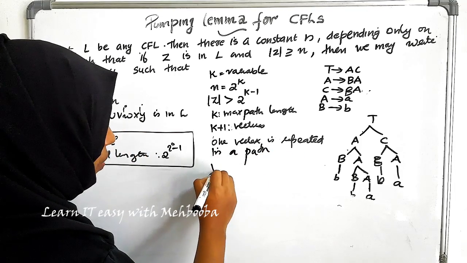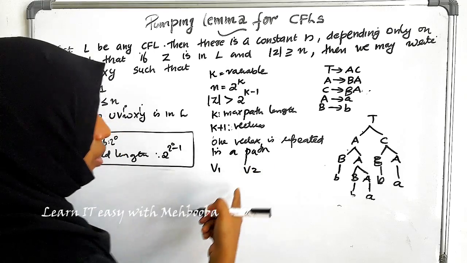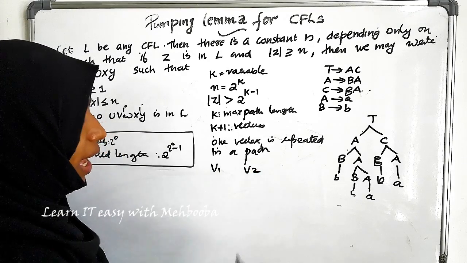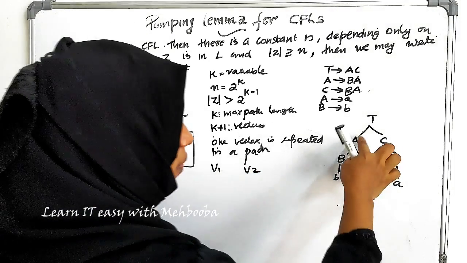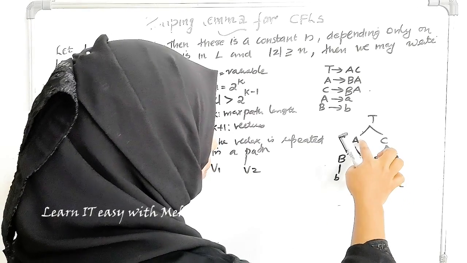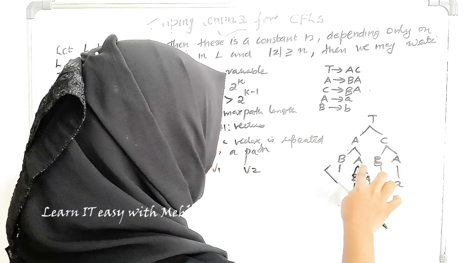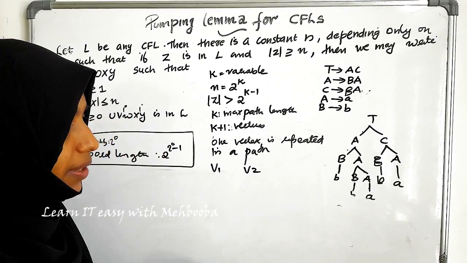So let V1 and V2 be these two vertices where V1 and V2 have the same label. For example, when we take this path, A and A, both of them have the same labels, right?